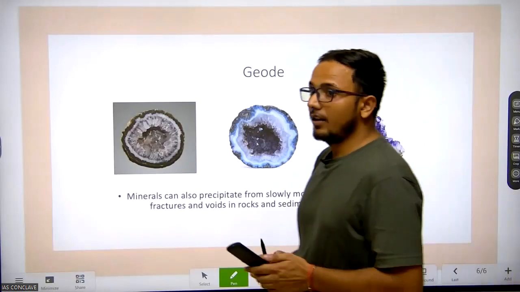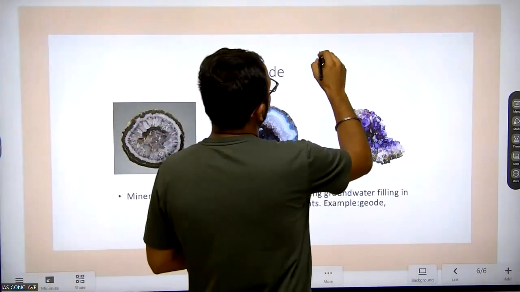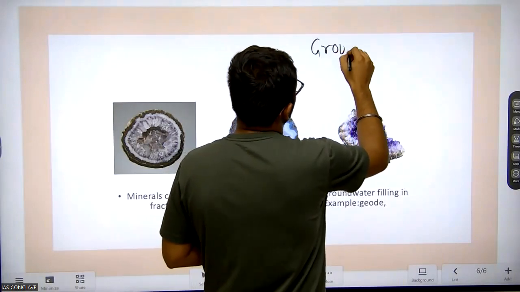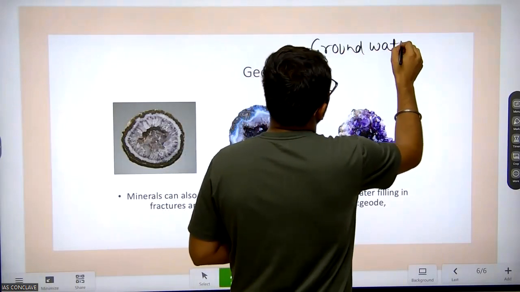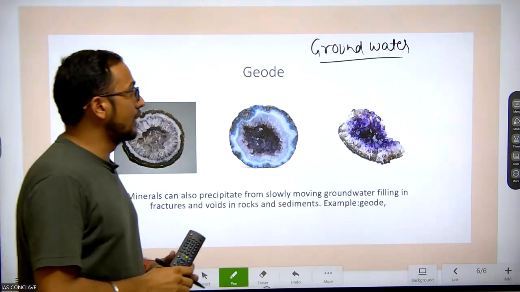Now minerals can also form through the groundwater process. What happens when groundwater moves slowly through rock cavities and voids in the rocks?